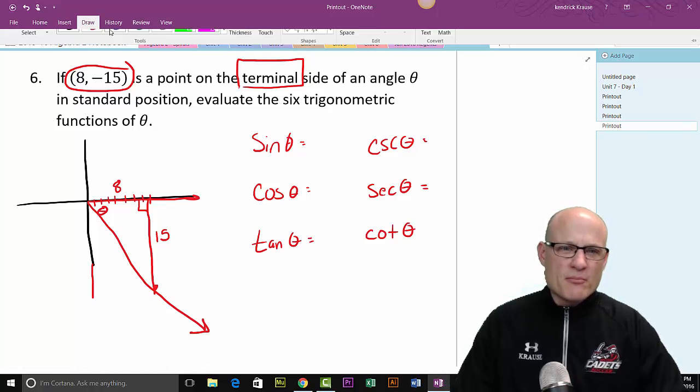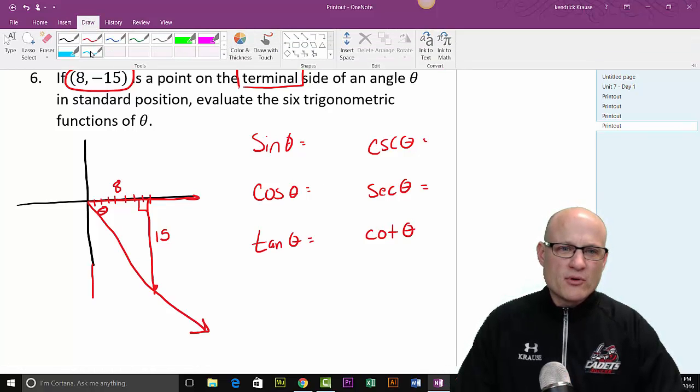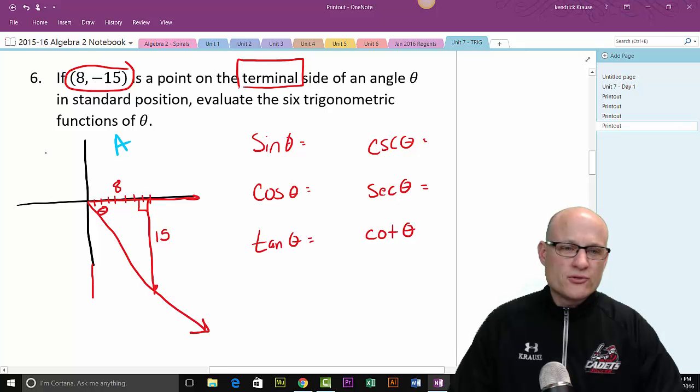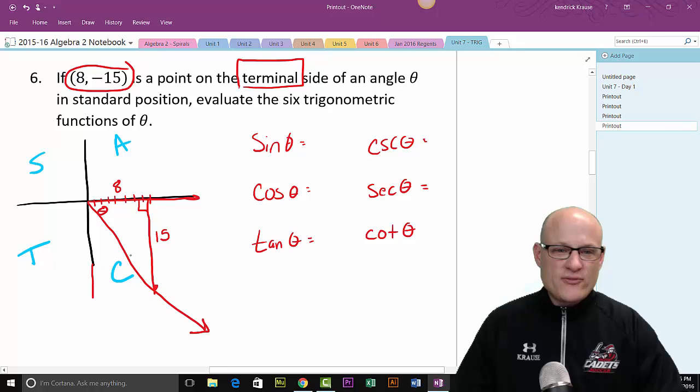Now I want to try to remember something: all students take calculus. So in this fourth quadrant, cosine is positive, so this is positive and this is positive. Therefore, these must all be negative.